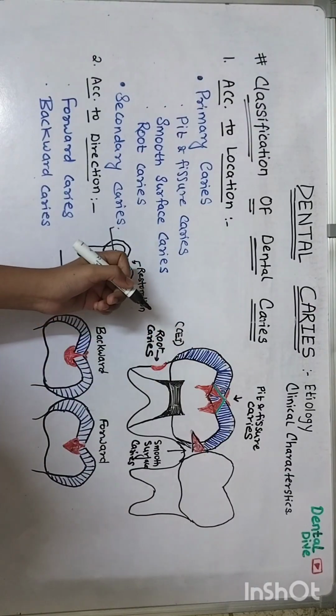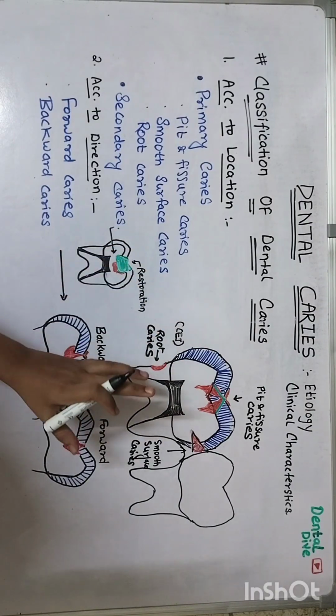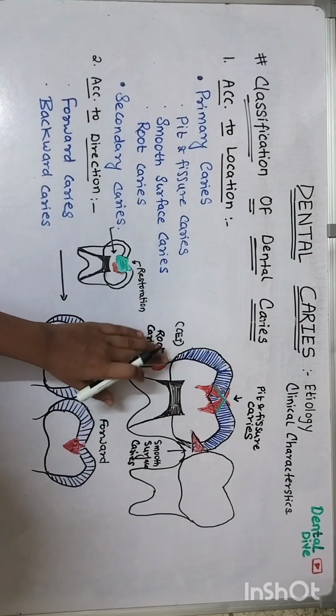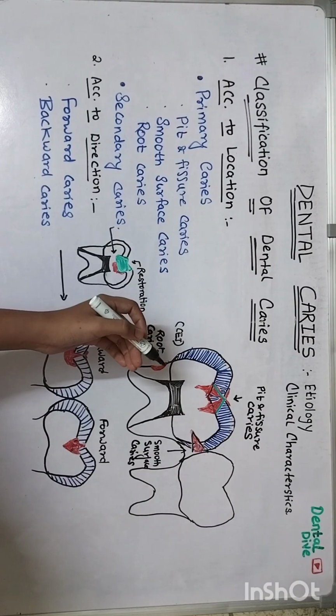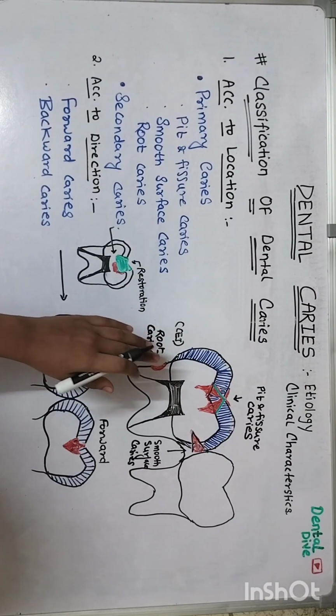The root caries are alarming because the progression of dental caries is very rapid. It is often asymptomatic, it is close to the pulp, and it is very difficult to restore also.